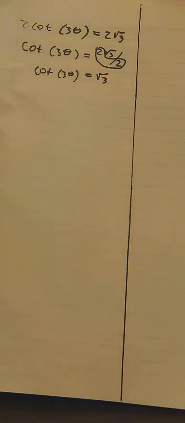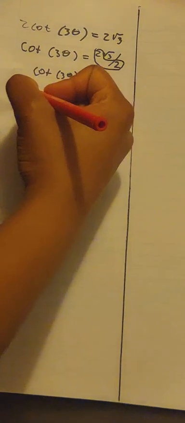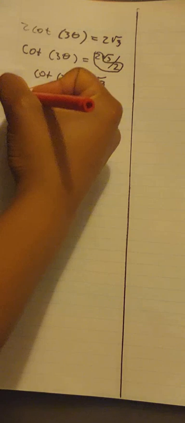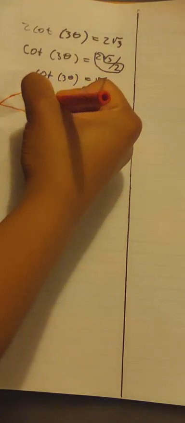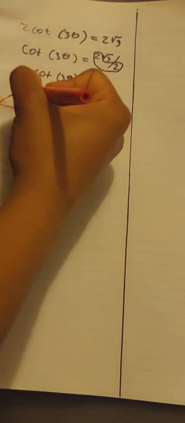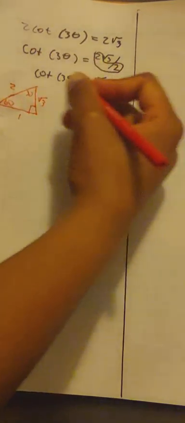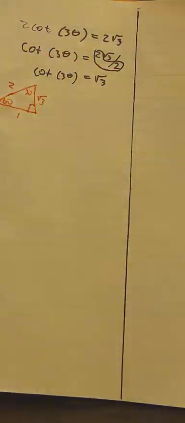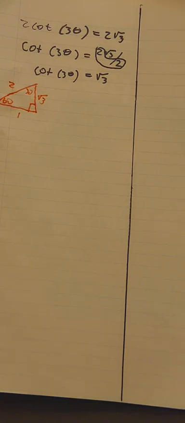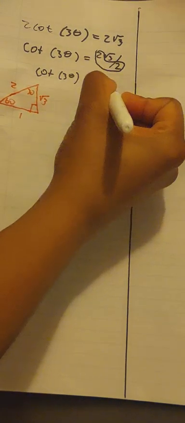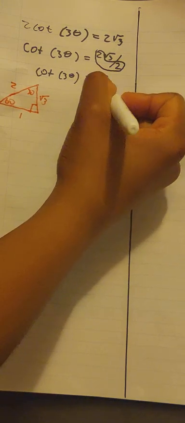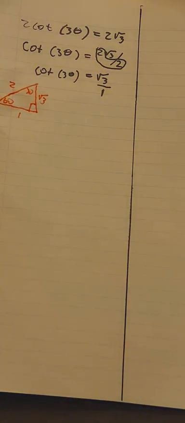I know this value from my triangle, the 30, 60, 90 triangle, with sides 1, root 3 and 2. Because it's only over this, that means over 1. Remember, everything divided by 1 is equal to that number.